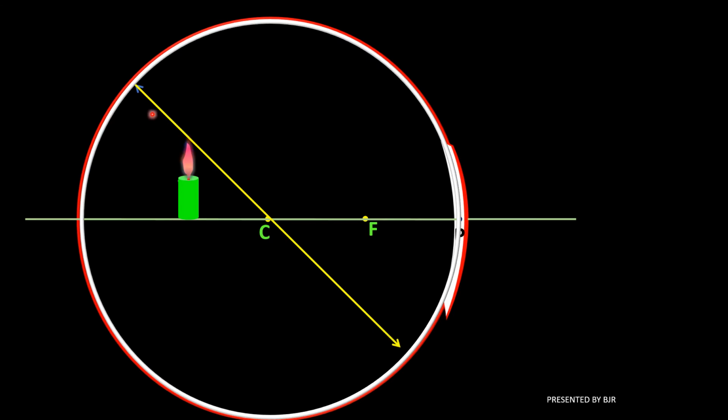So this is called the reflected ray. The incident ray is from here to here, and when the incident ray is incident here and gets reflected, the reflected ray is passing through the center of curvature. This is the reflected ray.